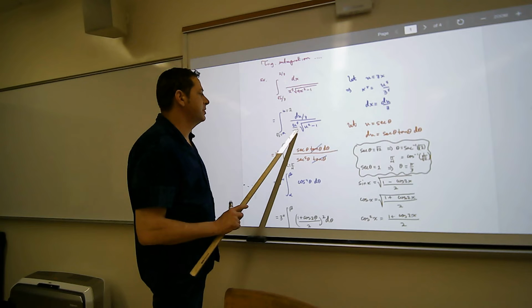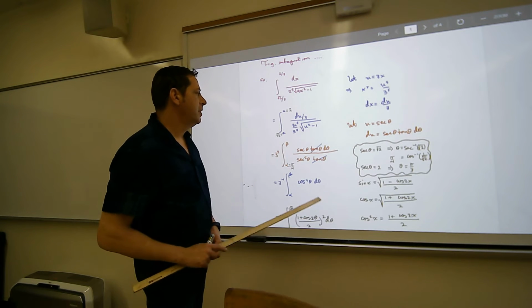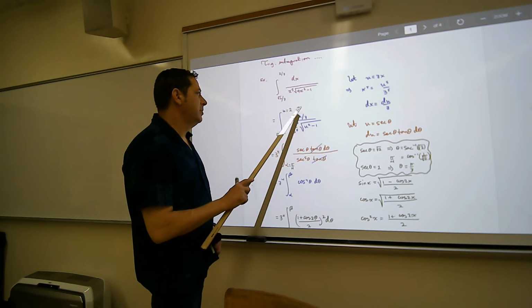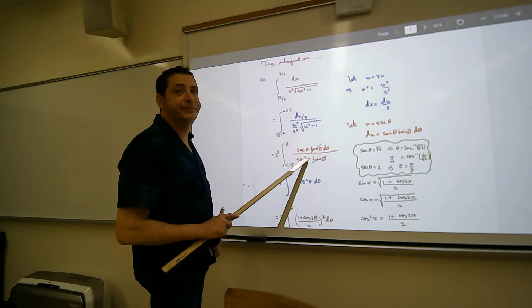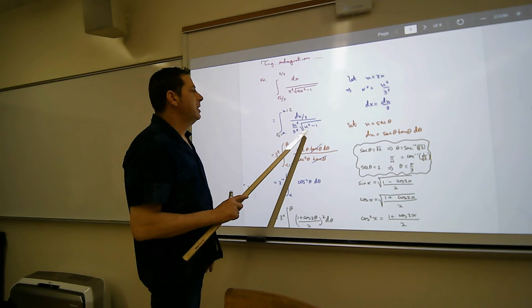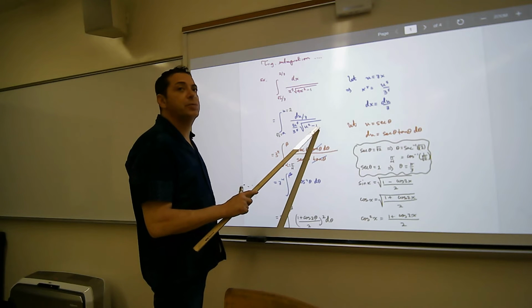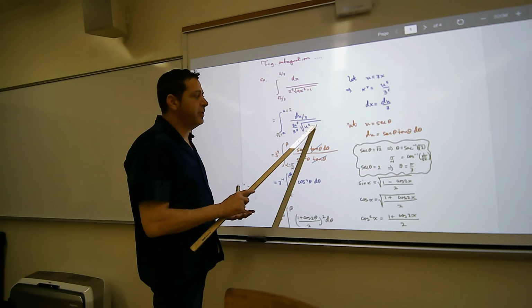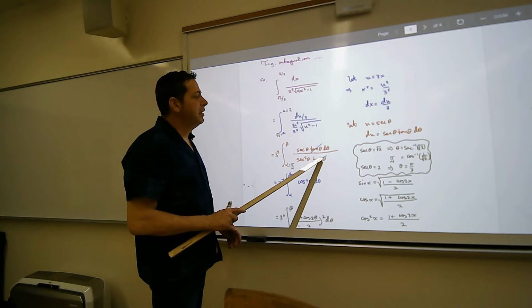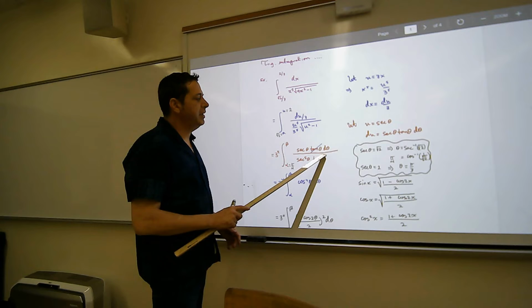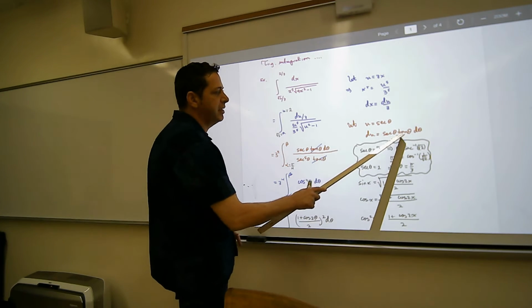Remember, these constants were swept to the outside. So there's my du. And my u to the 5th is secant to the 5th. It is what it is. And because this was secant squared minus 1, which is tangent squared, square root, there's my tangent theta from that. And sure enough, I get an immediate cancellation with the tangent theta that came from the du.